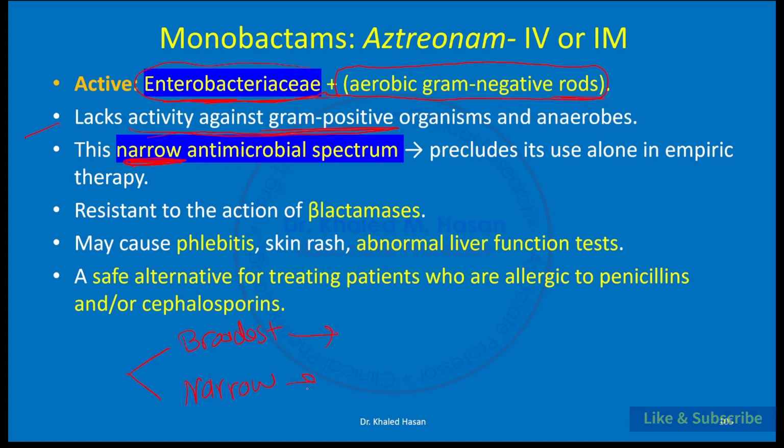For the broadest, remember imipenem and meropenem. For narrow spectrum, remember azithromycin, which belongs to the monobactam antibiotics. This medication may cause phlebitis because it is given IV or IM, and may cause increased liver function enzymes. It is safe to treat patients who suffer from allergy to penicillin.